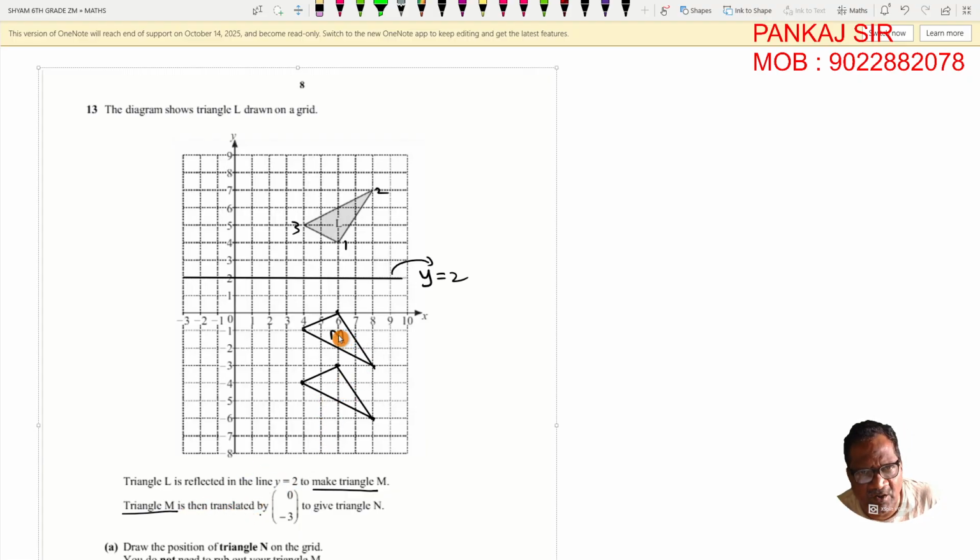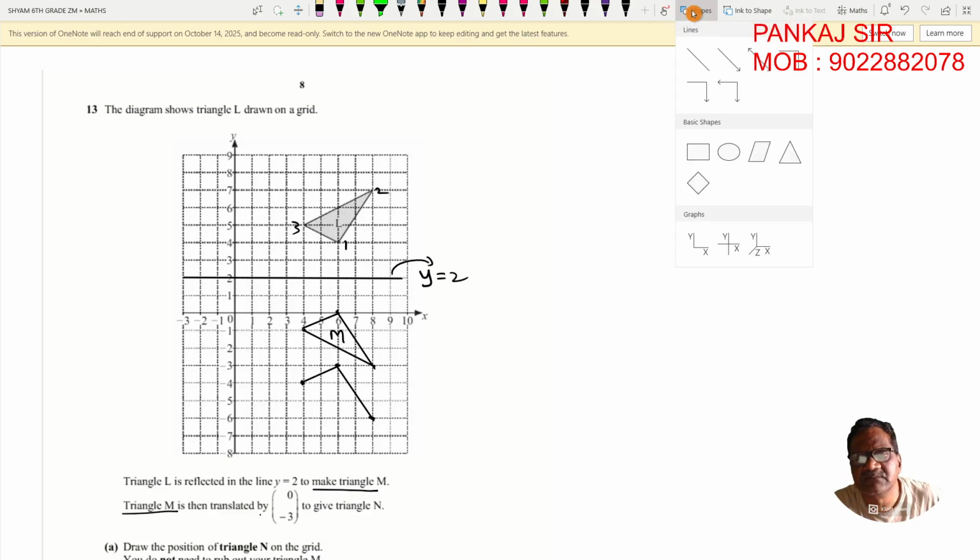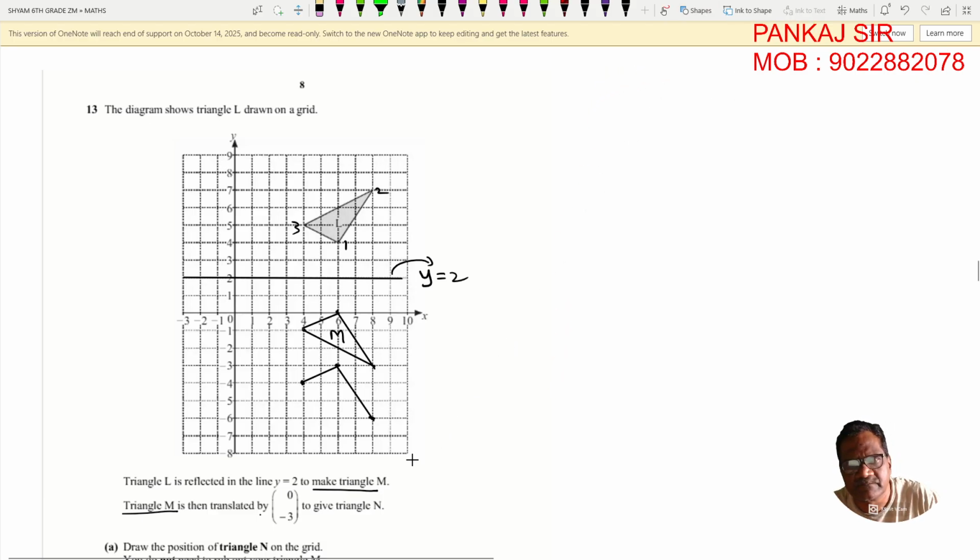Okay, so M on translation, according to this particular parameter, we get this triangle N. So I have performed both the transformations, reflection on y equal to 2 to get M, and then translation by scale factor 0 minus 3 to get N.